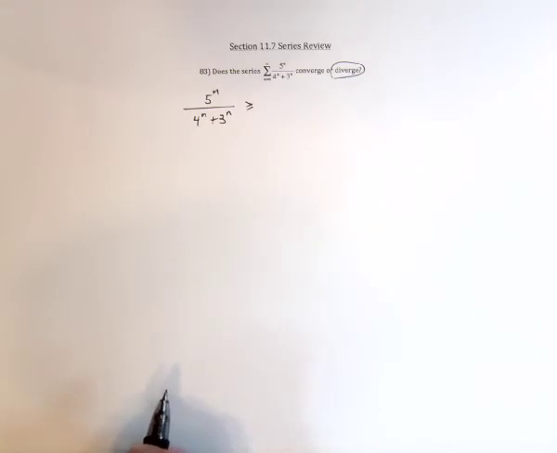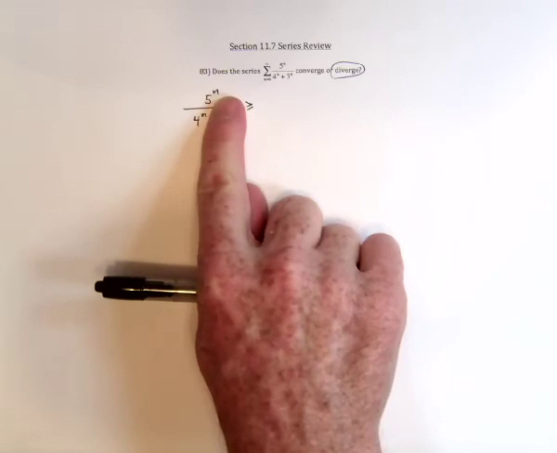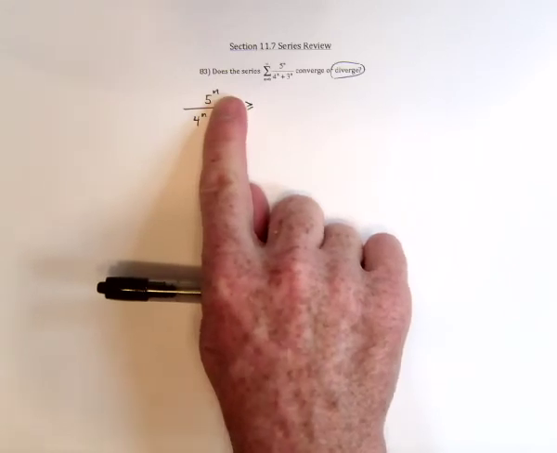Something that diverges would be something like this. If it's 5 over 4, that's bigger than 1, so that series would diverge. So we could try that.